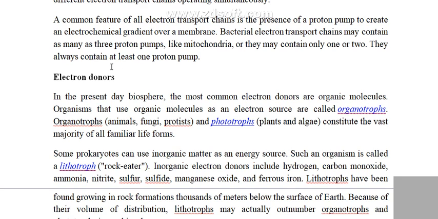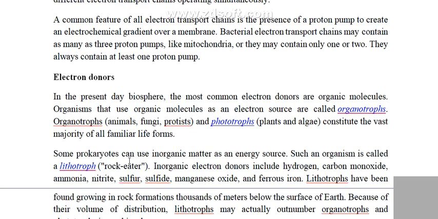So electron donors in the present day biosphere, what are the most common ones? They can be organotrophs like animals, fungi, protists, or they can be phototrophs like plants and algae. Some prokaryotic organisms also use inorganic matter. So organotrophs and phototrophs use organic molecules as the electron donors.